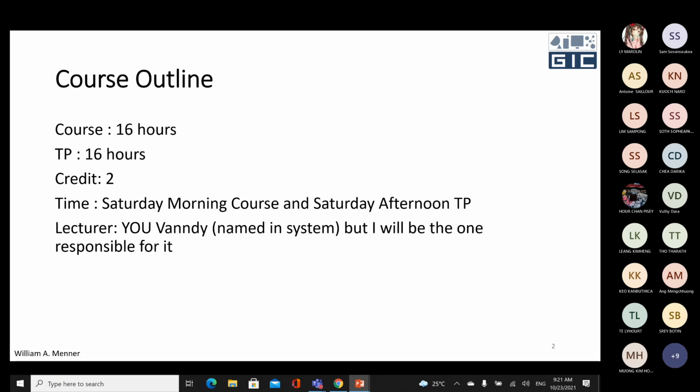In our course, we have 16 hours for the coursework, and after that 16 hours for the TP class. During the practical class, I assign all of you to work with some system, try to model something, and then produce the result.